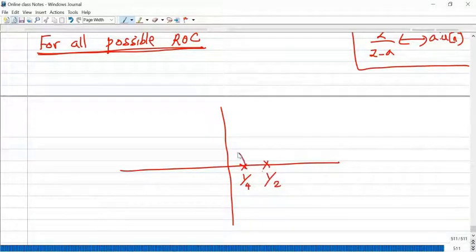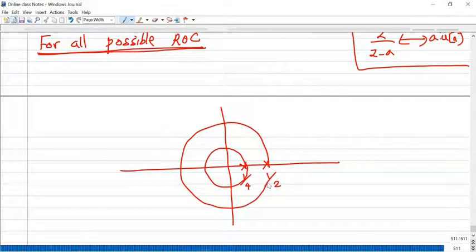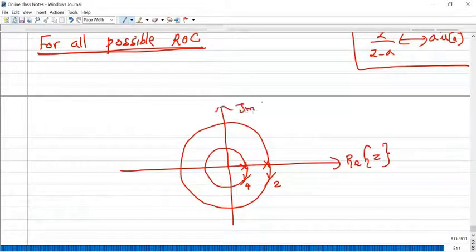Right? 1 by 4 and 1 by 2. Real part of z, imaginary part of z. So there are two poles.